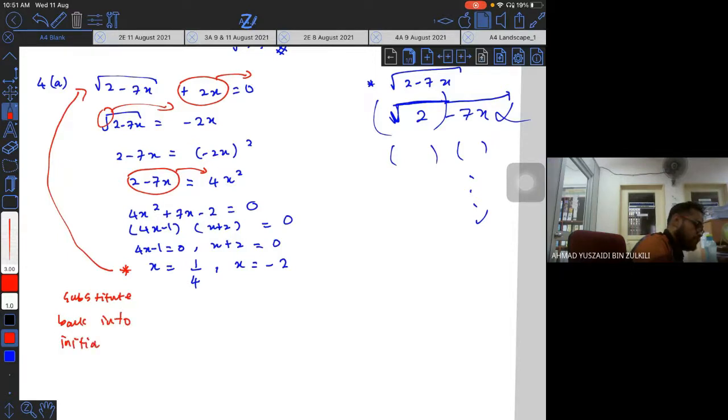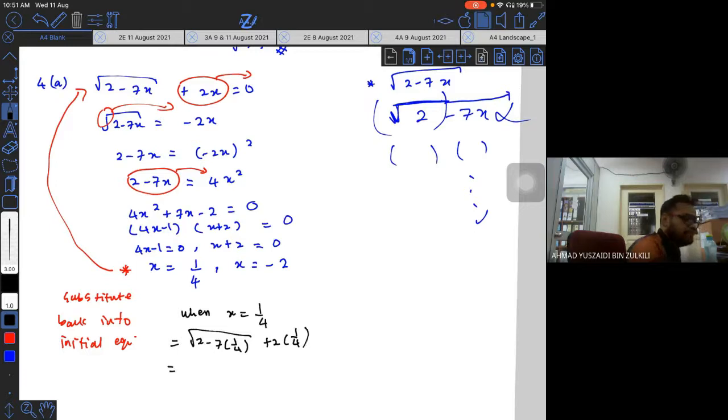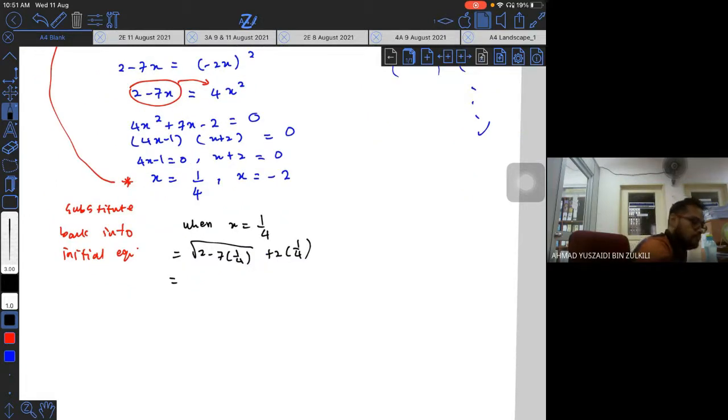When x is equal to 1 over 4, you substitute: square root of 2 minus 7 times 1 over 4, plus 2 times 1 over 4. What value will you get? Press the calculator.